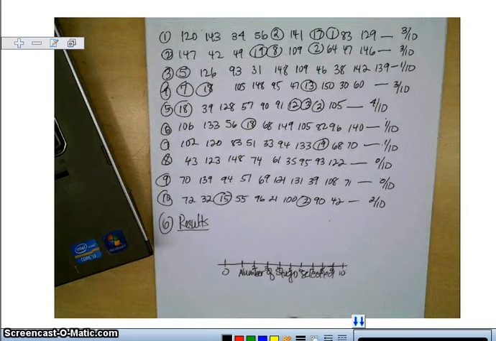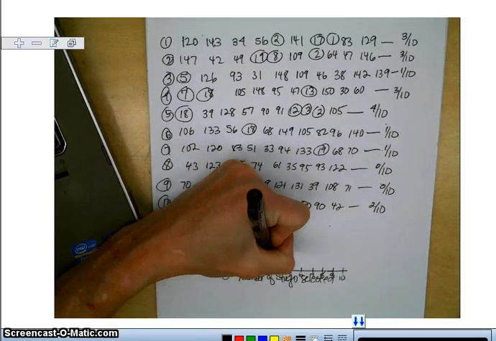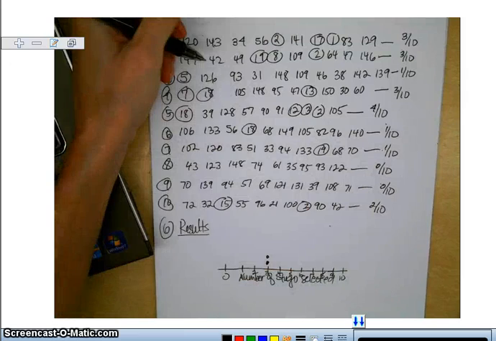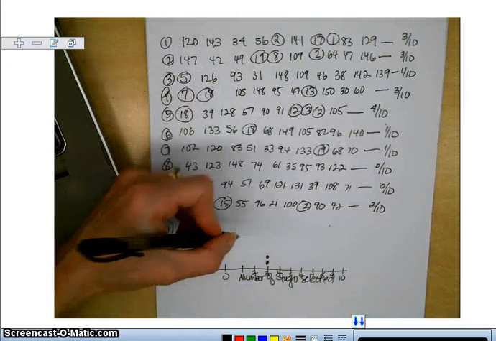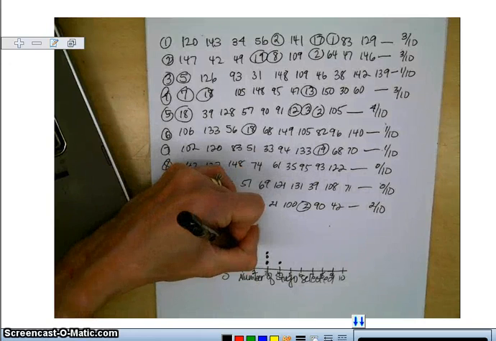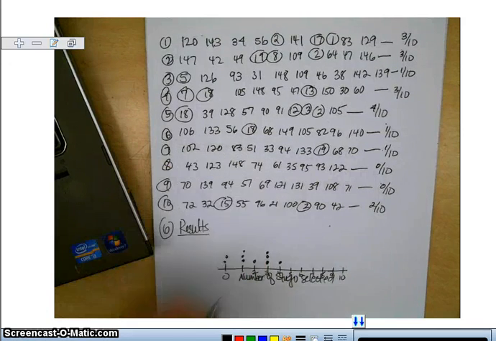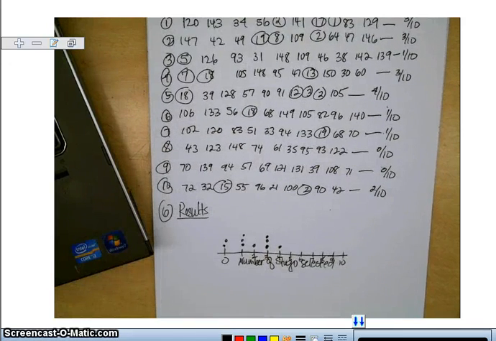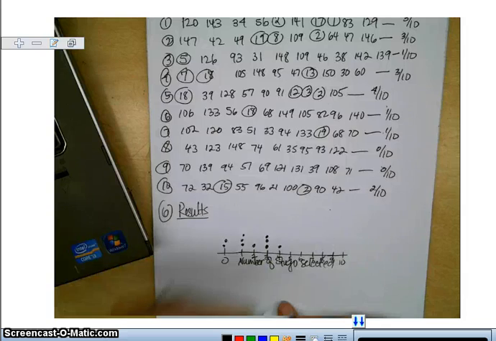So in my trials, in trial number 1 I had 3 people, and in trial number 2. And in trial number 3 I had 1 person, and then 3 again, and 4, and 1, and 1, and none, and none, and 2. So there's a dot plot.